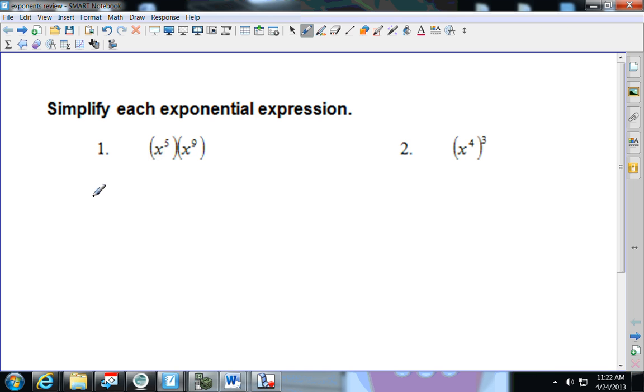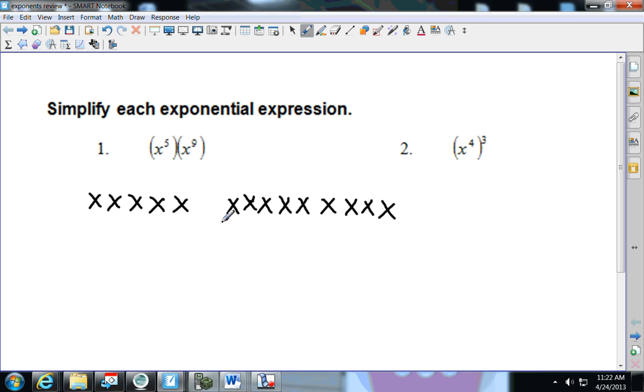X to the 5th means 1, 2, 3, 4, 5. X to the 9th is 1, 2, 3, 4, 5, 6, 7, 8, 9. Now, if I write them all out, how many x's do I actually have?